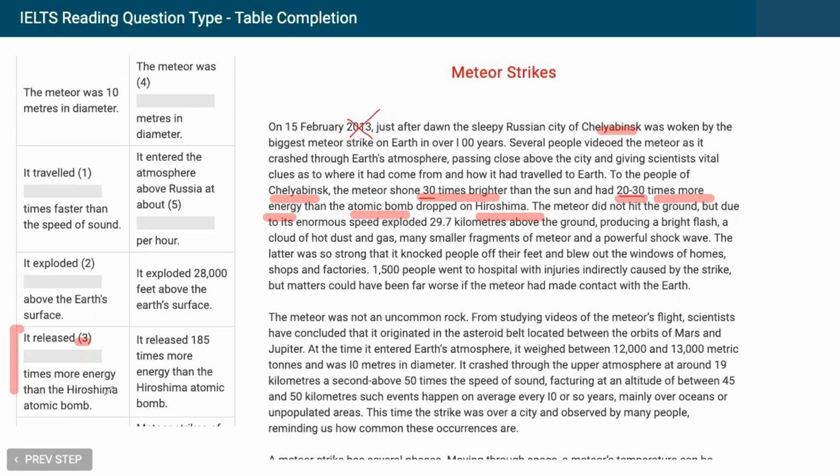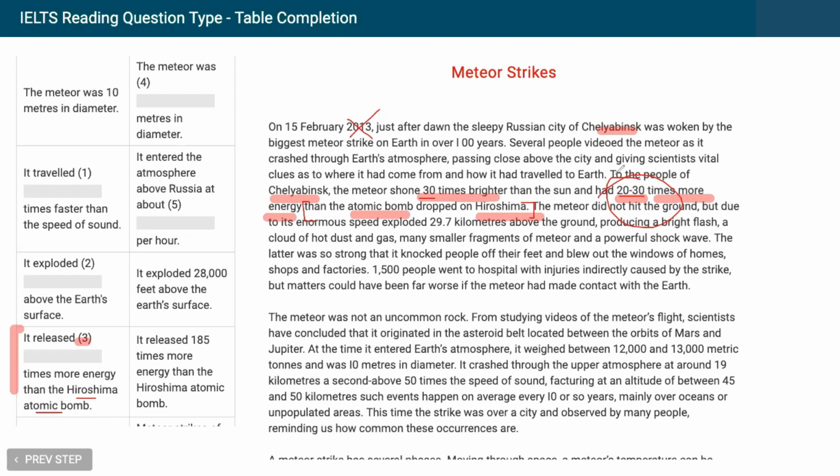We know that number 3 is contained in this sentence because we have these excellent keywords here: atomic bomb dropped on Hiroshima, atomic bomb here, and Hiroshima here. Notice how it is worded a bit differently, but this is common for the exam. So we want to look at what is directly related to the Hiroshima atomic bomb, and that brings us to 20 to 30.